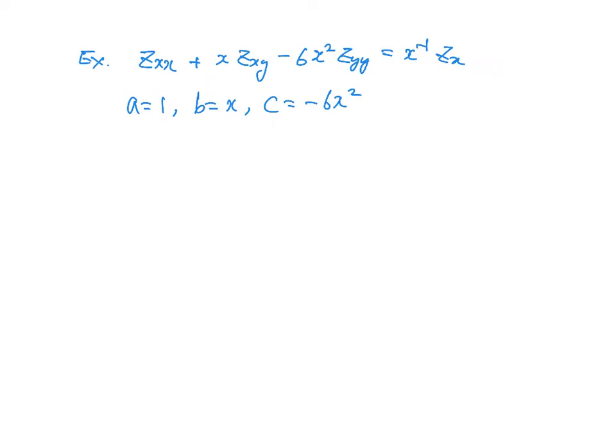So let's check the subsidiary equation. b squared minus 4ac is x squared plus 24x squared, which is greater than 0 unless x equals 0, right? So it does have two solutions. It's a hyperbolic case.